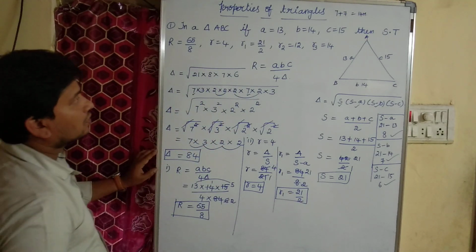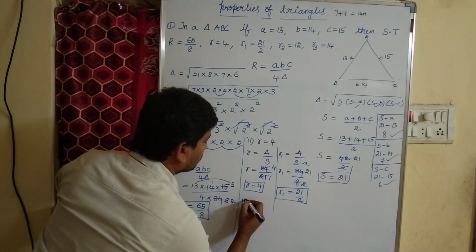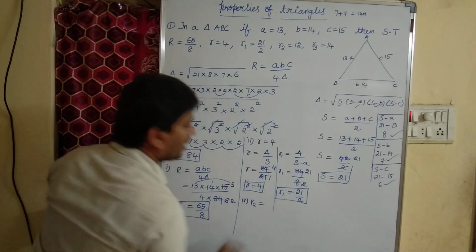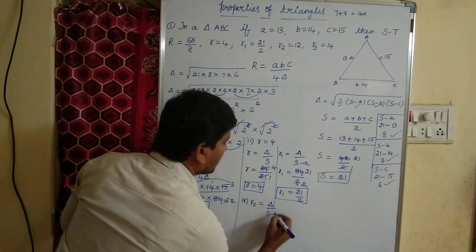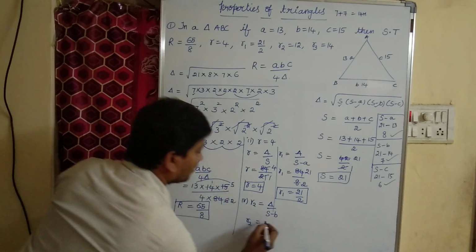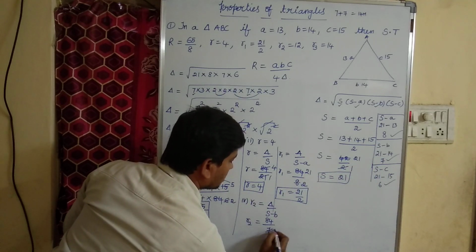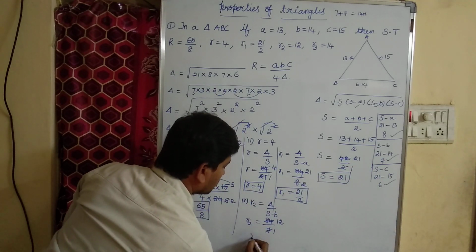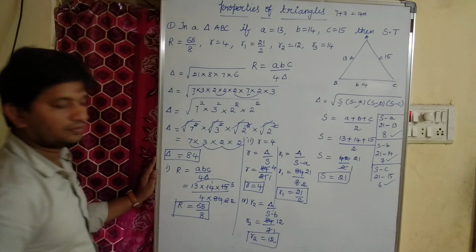Now coming to the next one, we have to find out r2 value. The formula for r2 is delta by s minus b. So r2 equal to delta value 84 divided by s minus b value 7. 7 1 ja, 7 12 ja. So what is r2? r2 is equal to 12.